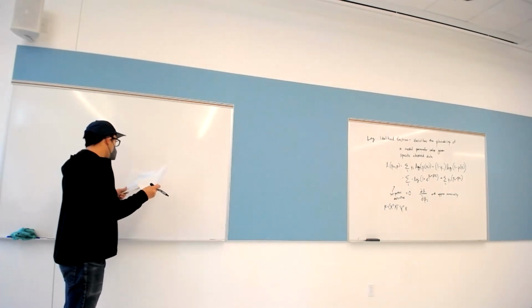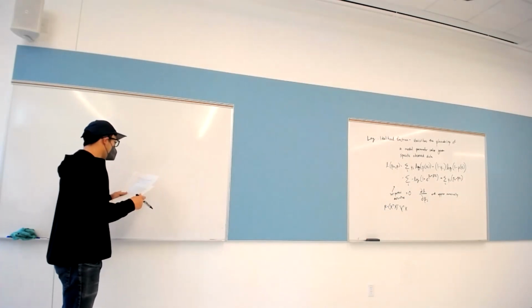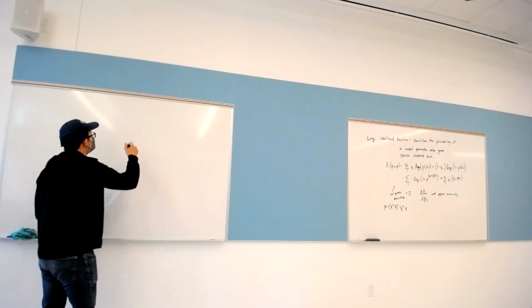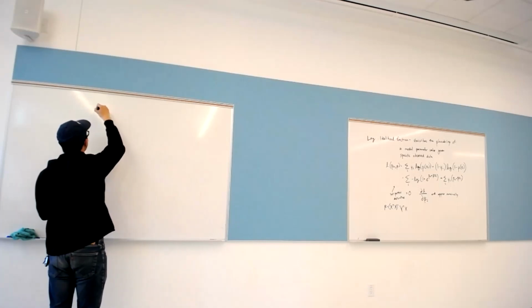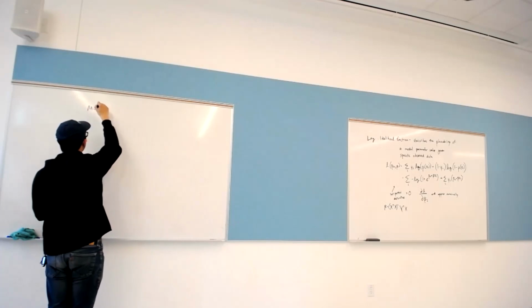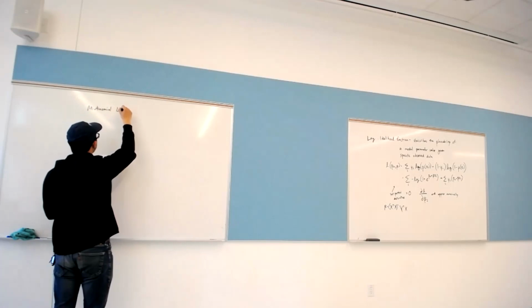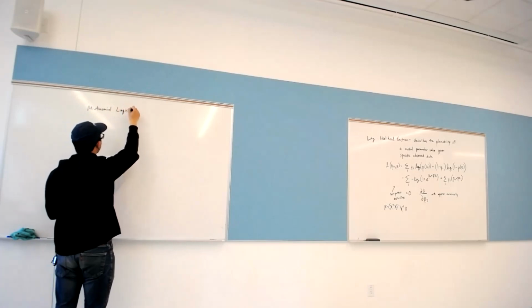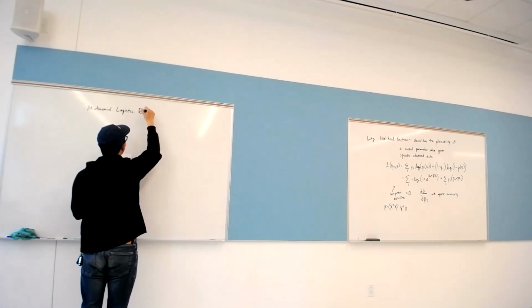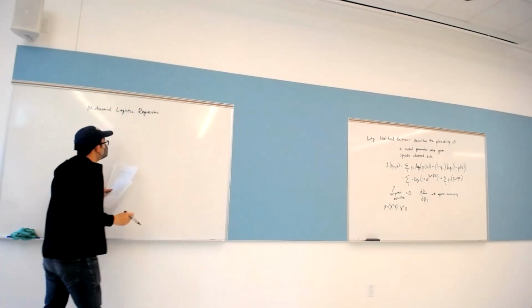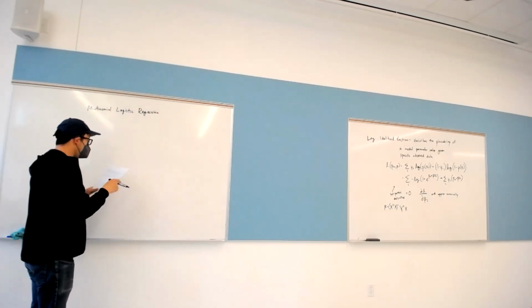So now let's talk about multinomial logistic regression, which is the next progression of what we're talking about after our last class discussion about logistic regression.